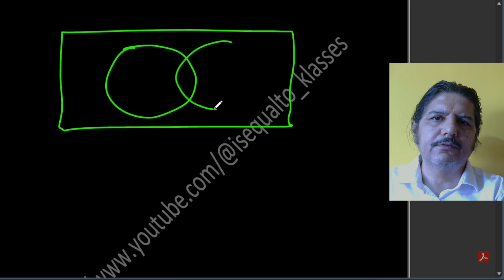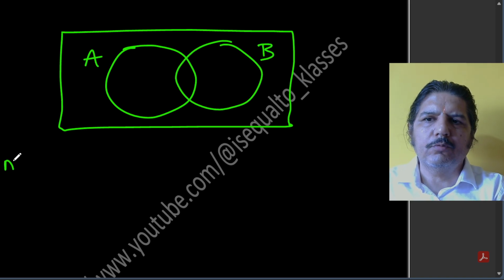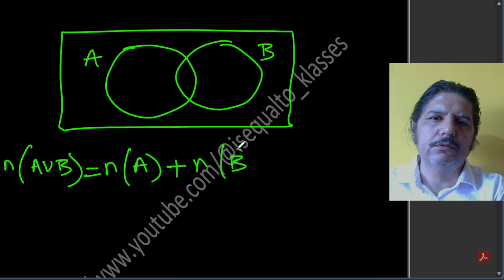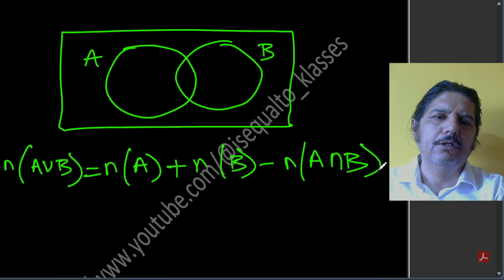Usually this formula is written like this is A, this is B. So this is the formula which is written: N(A union B) is equal to N(A) plus N(B) minus N(A intersection B). Usually this is the formula which is written. Now in our case, this is Times of India and this is Indian Express.